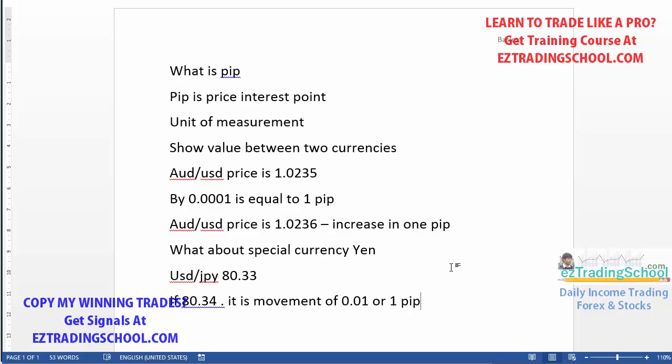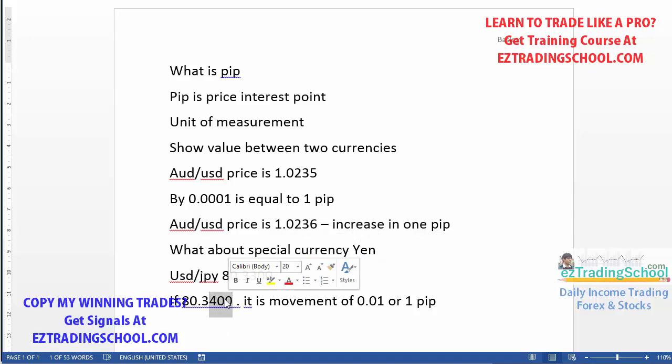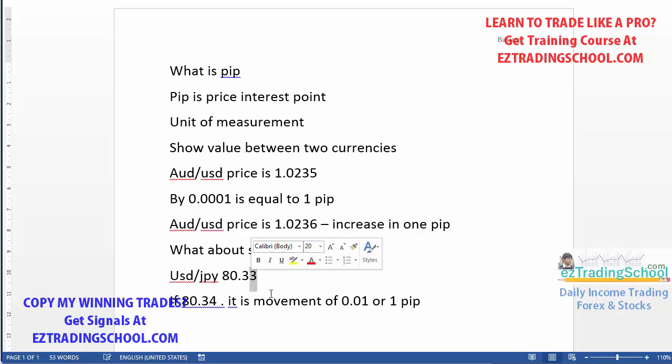So do note that even though this is a movement in 4 points, it can be a movement of 100 pips, but since we only regard the Japanese yen up to 2 digits, the pip changes. And it still is a 1 pip movement in the USD JPY. This is because the USD JPY, as we discussed in our previous module, is special.